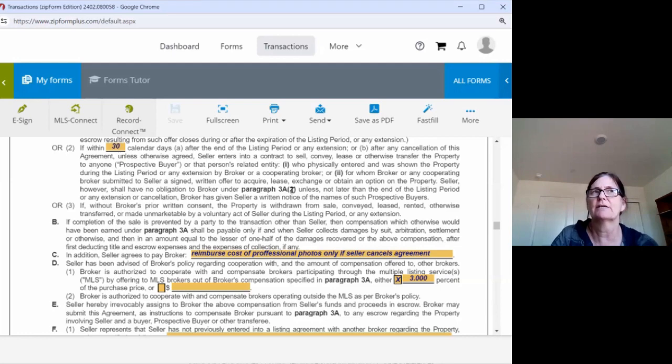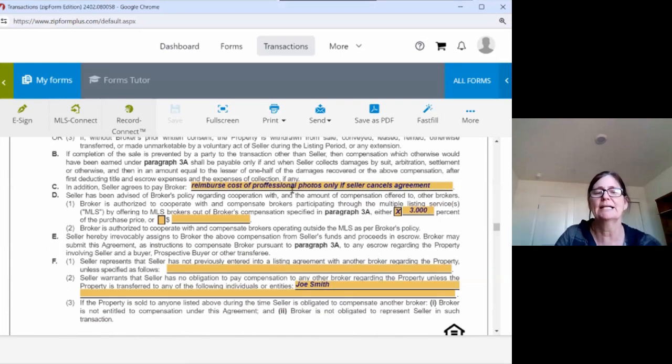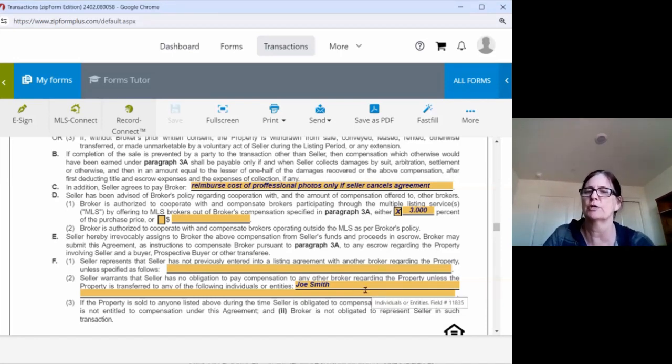And if you give them that list and then they go and list it with another agent, then yes, instead of putting names here, we would attach another document. If I've got 20 names here, we would have to do 20 names. If I only do 19 names and that 20th person comes in and buys it, too bad for me because I didn't put that 20th name.